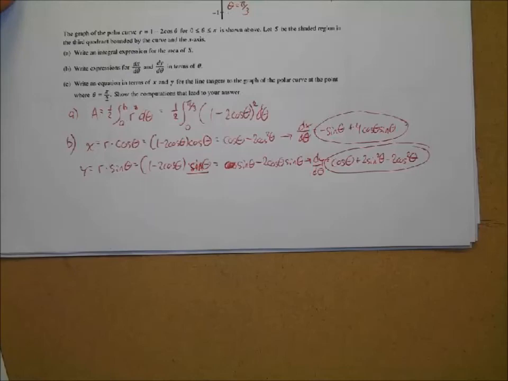Question: is there any way you can simplify the dy d theta with trig identities? Kind of. For example, a Pythagorean identity here, you won't be able to use sine squared plus cosine squared because even if you factor negative 1 out, it won't work. What you could do is get everything in terms of cosine.